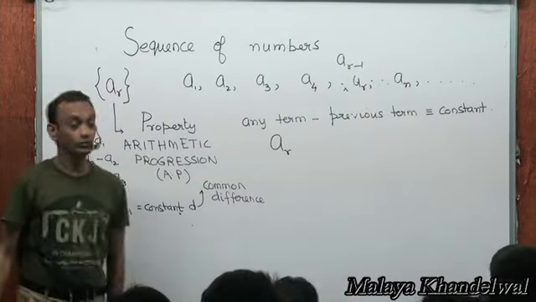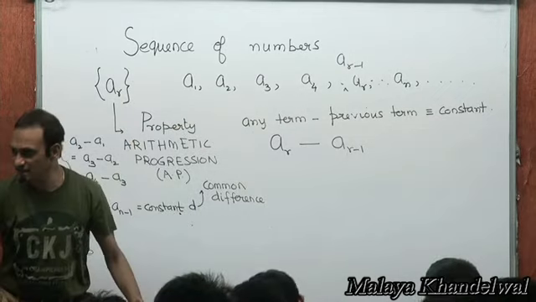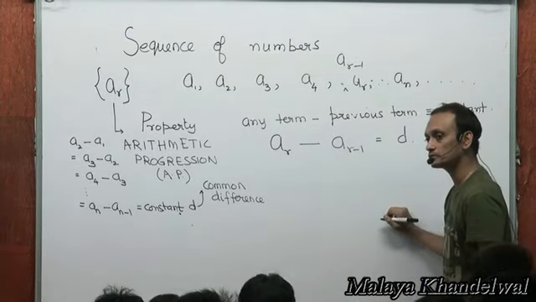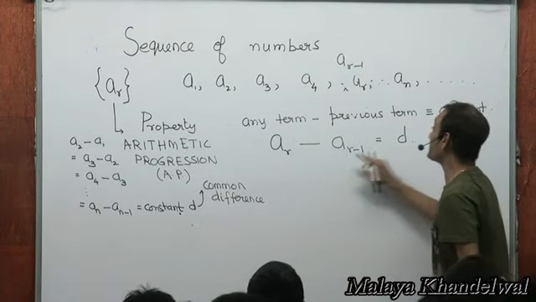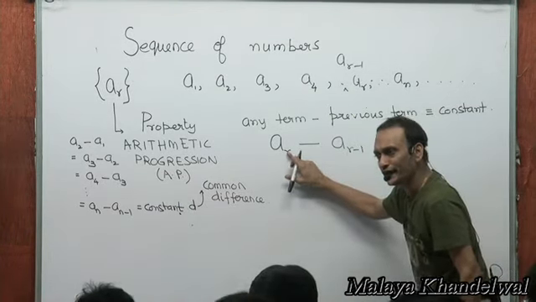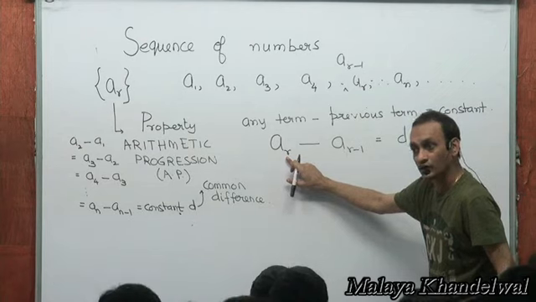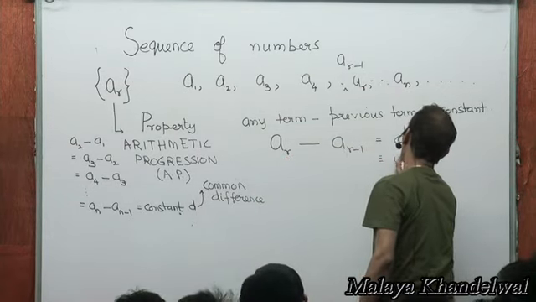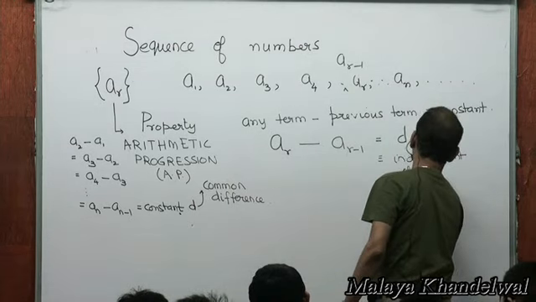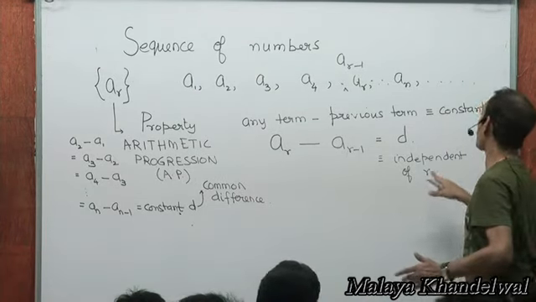So any term minus the previous term, AR minus AR minus 1, is equal to a constant D. That means this difference is independent of R. Whether you take A2 minus A1, or A3 minus A2, or A4 minus A3, it will not depend on R. Then this sequence is referred to as an arithmetic progression with common difference D.